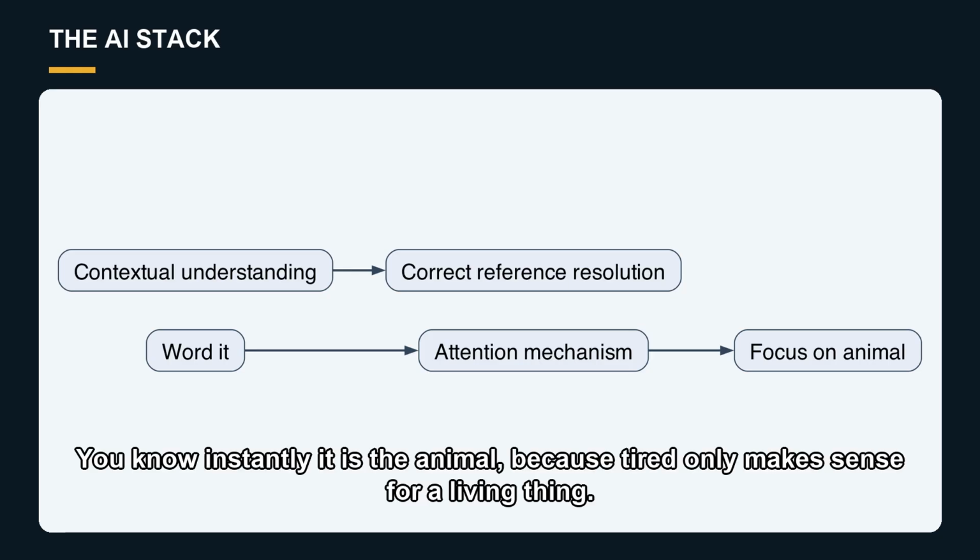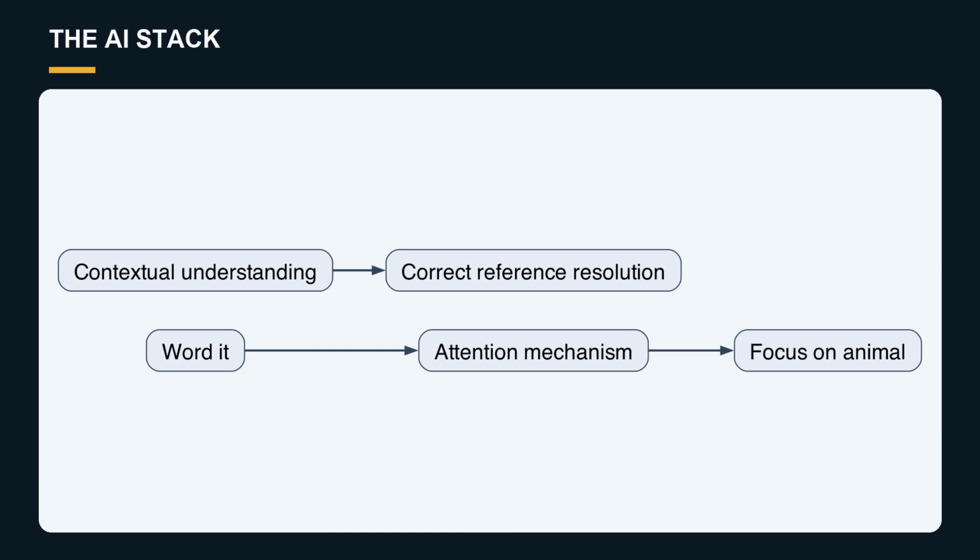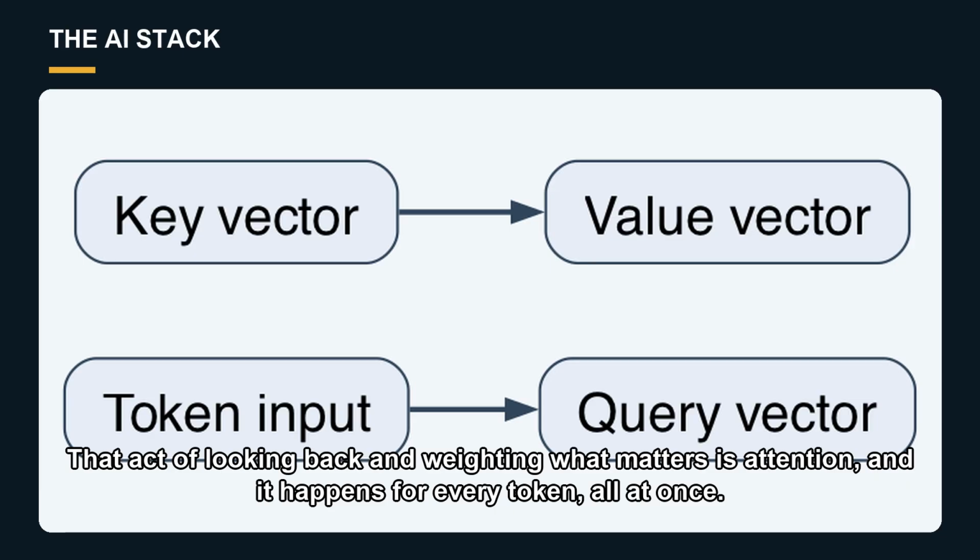You know instantly it is the animal, because tired only makes sense for a living thing. For the model to get this right, when it processes the word "it" it has to look back across the sentence and pour most of its attention onto the word animal and very little onto street. That act of looking back and weighting what matters is attention, and it happens for every token all at once.